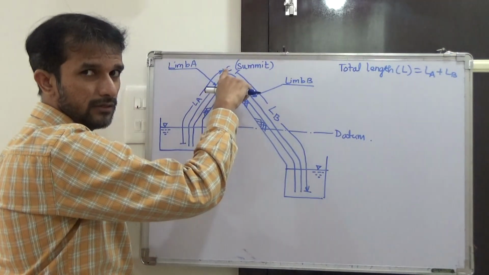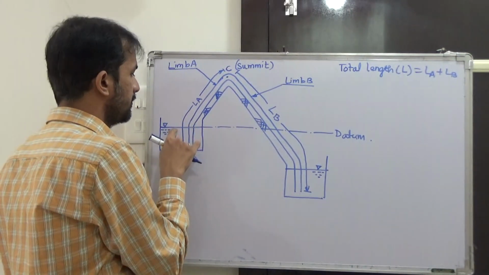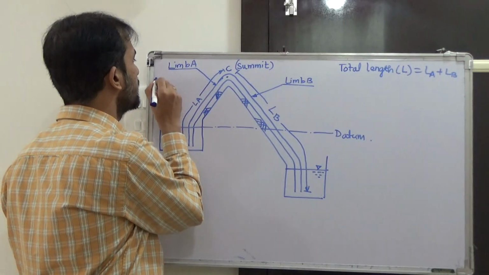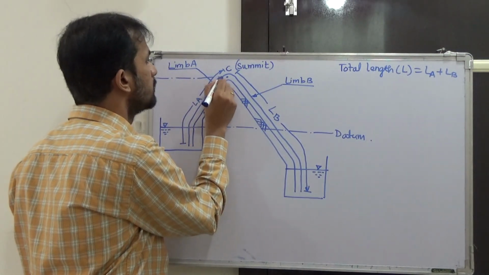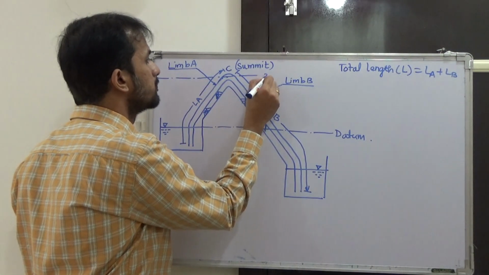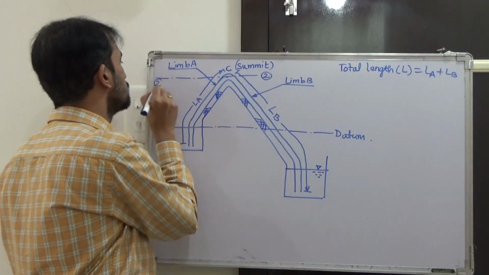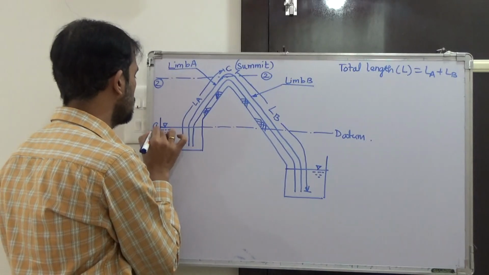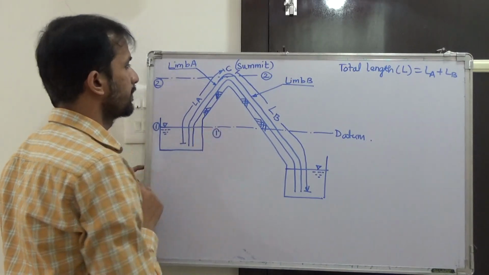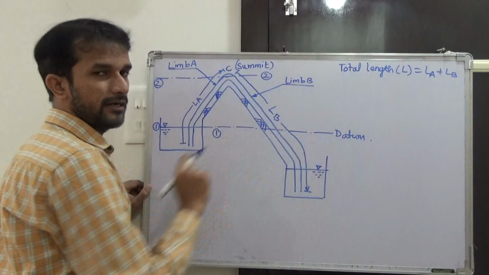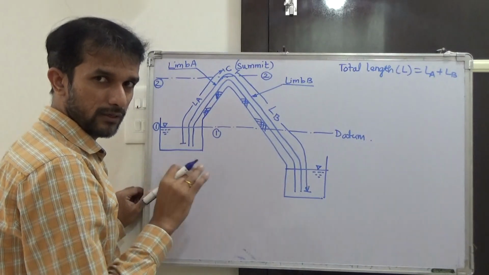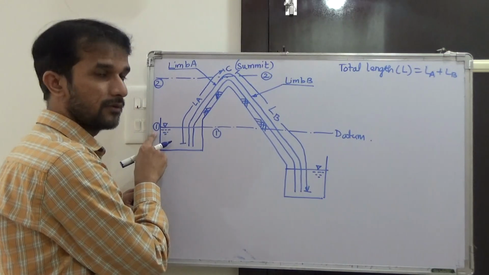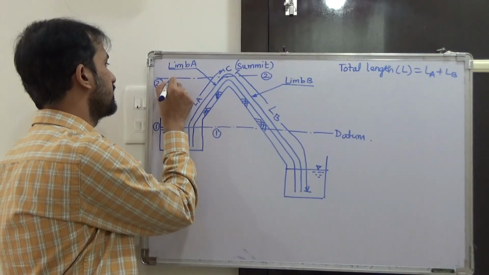So I will apply Bernoulli's equation between the water level, which I call section 1-1, and point C, which I number as section 2-2. I am assuming the datum at the lower reservoir level, so Z1 will be 0 and Z2 is the height of the summit from that datum.